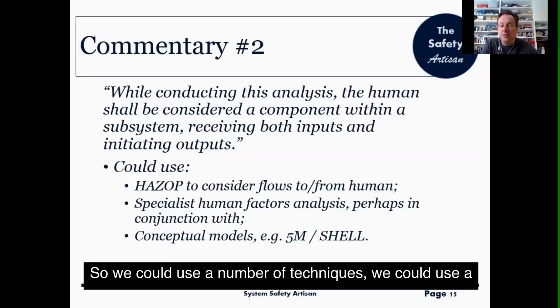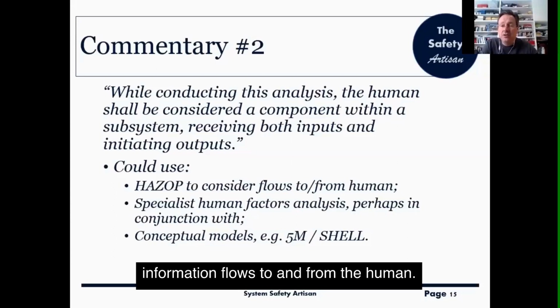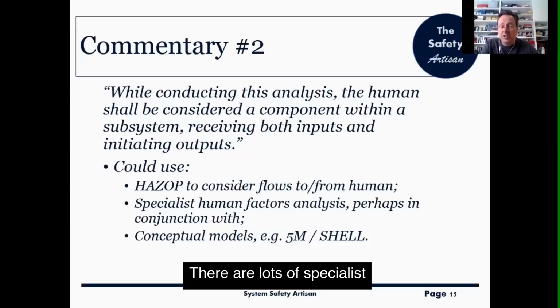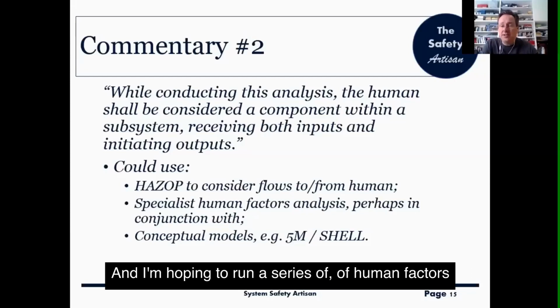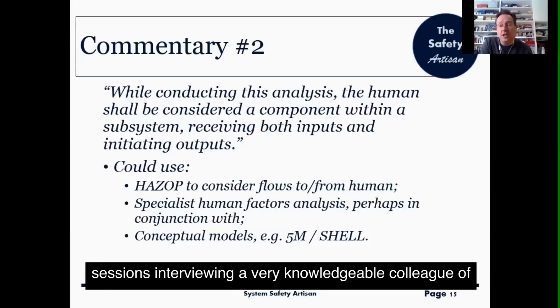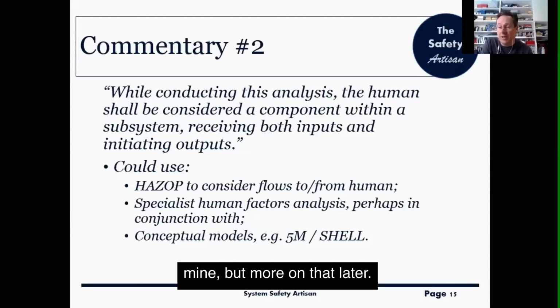We could use a HAZOP, a hazard analysis and operability study, to consider information flows to and from the human. There are lots of specialist human factors analyses out there, and I'm hoping to run a series of human factors sessions, interviewing a very knowledgeable colleague of mine, but more on that later.